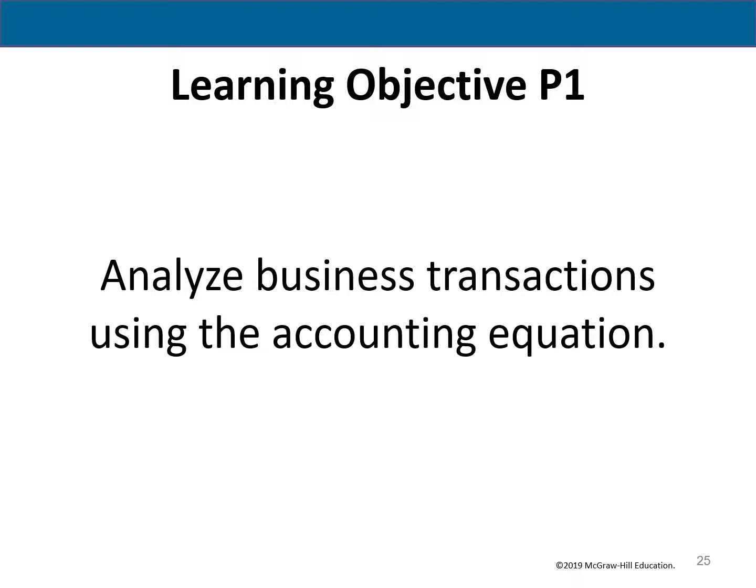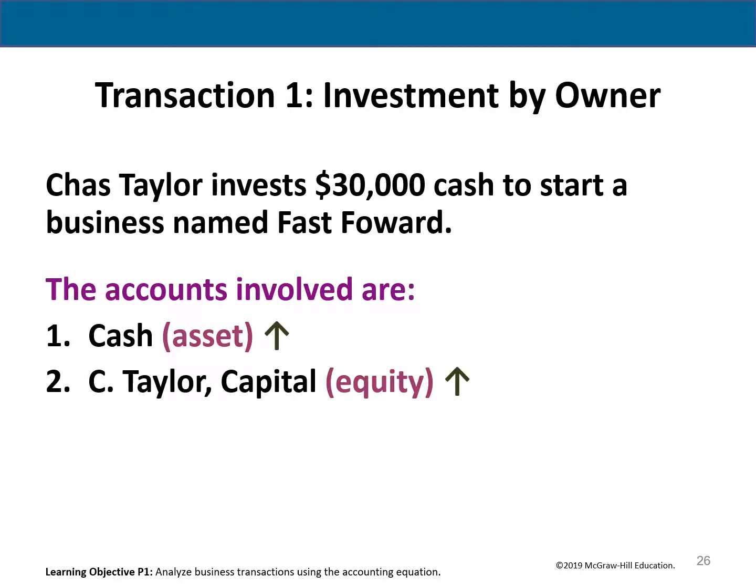Probably the harder part, the technical part, is analyzing, thinking about what happens in a transaction, a financial event, and figuring out where to put it in that equation we just looked at. So we're going to start small, and then we'll expand and grow on that. So take a look. And you should write your accounting equation in front of you. Assets equal liabilities plus equity, and those four parts of equity.